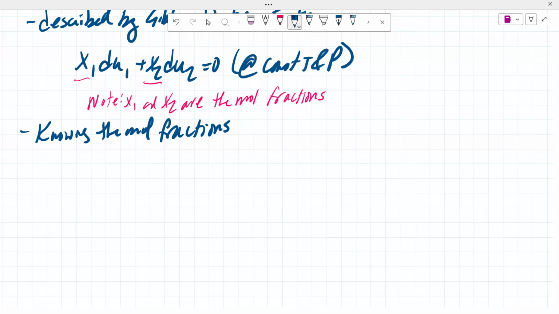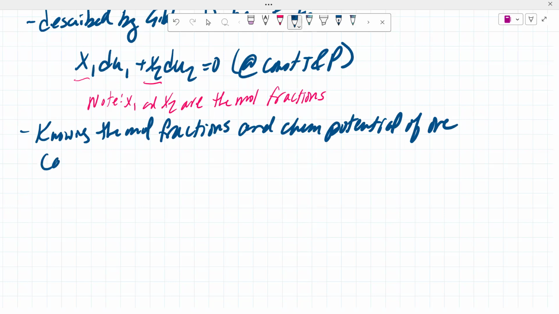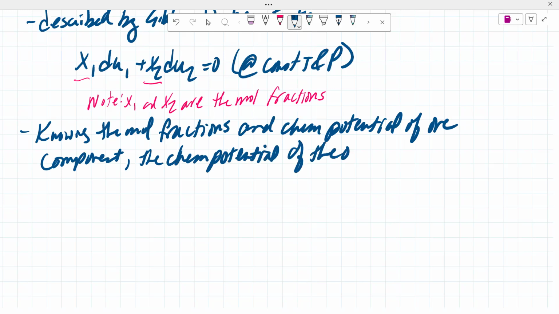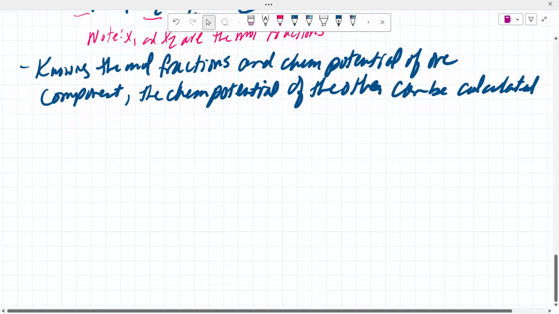And chemical potential of one component, the chemical potential that can be calculated, we can add to equilibrium.